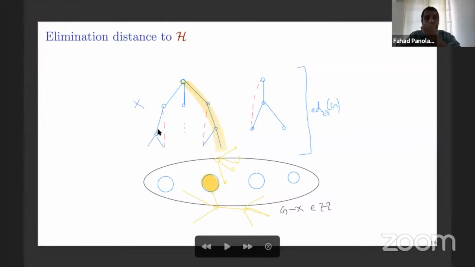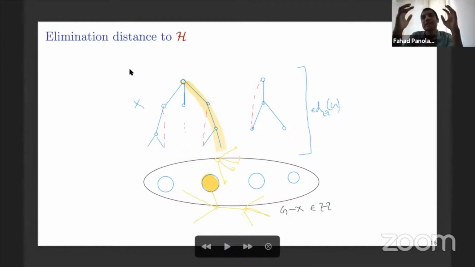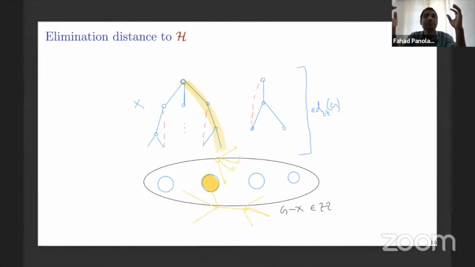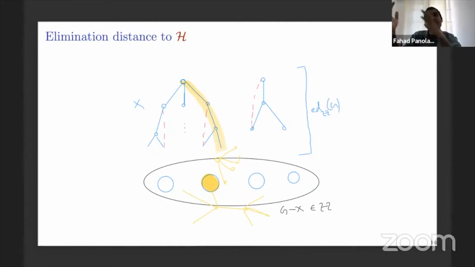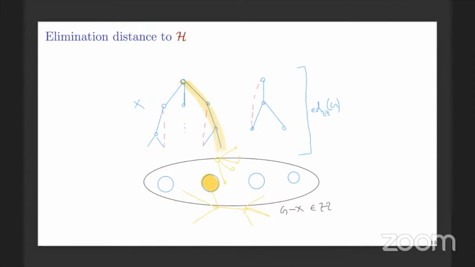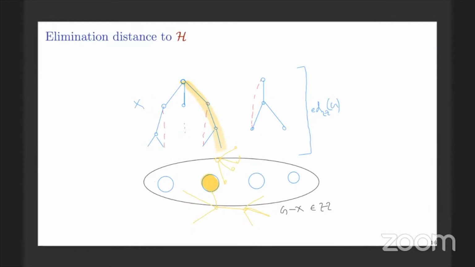The distance I defined here is the depth of this rooted forest, and in vertex deletion, it is the cardinality of the deletion set. The elimination distance is always less than or equal to the vertex deletion distance, because in vertex deletion you can put the set on a path. Makes sense. Thanks.